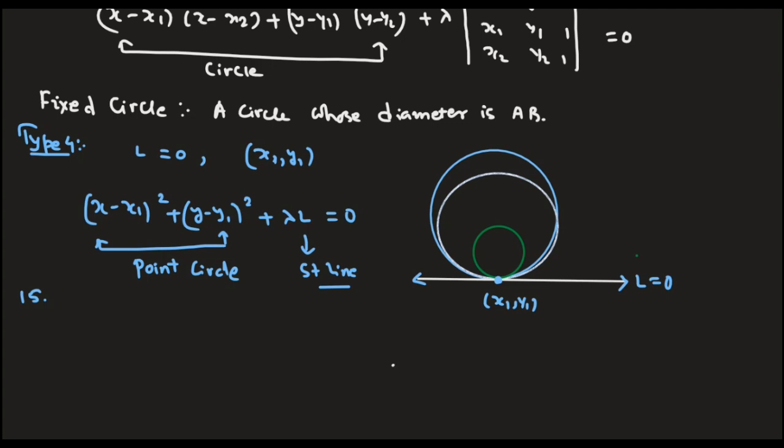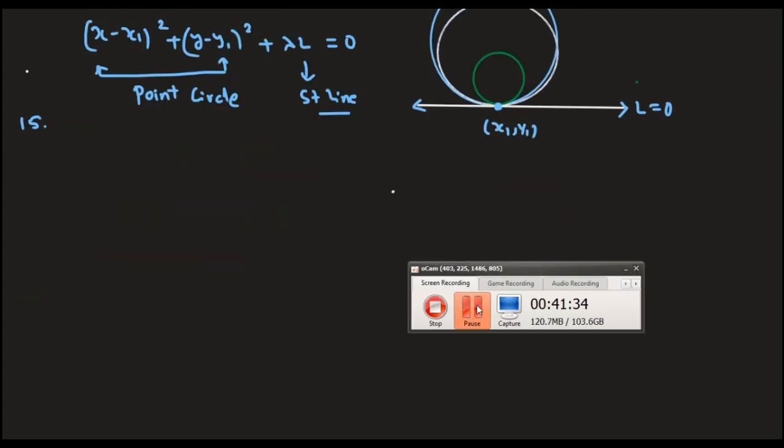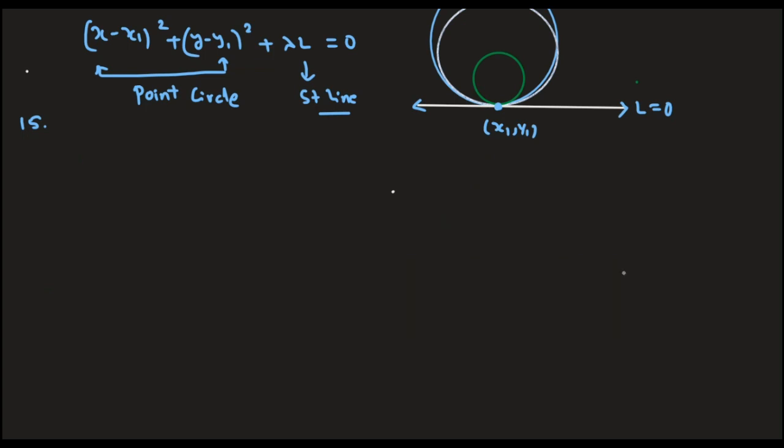So in point 15 we are going to discuss the tangents. How many types of tangents do we generally have? We have two types of tangent.